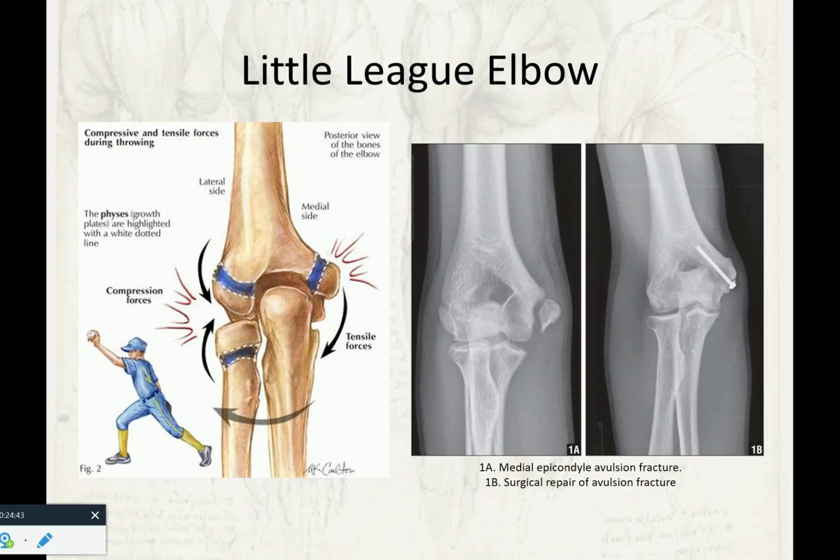So you can see how all three of these are related, and usually the sequence of events is UCL injury or medial apophysitis, which then leads to instability of the medial elbow, which then increases compressive forces on the lateral elbow, which may lead to that radiocapitellar chondromalacia or the OCD lesions. I hope you're starting to picture how all of this comes together.